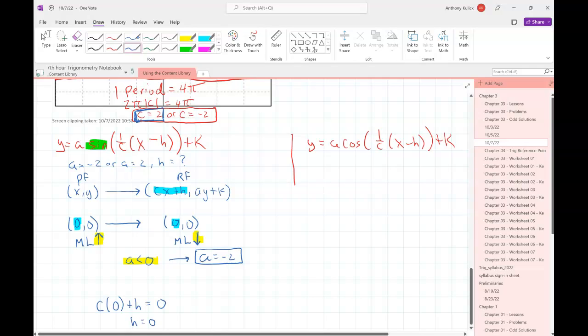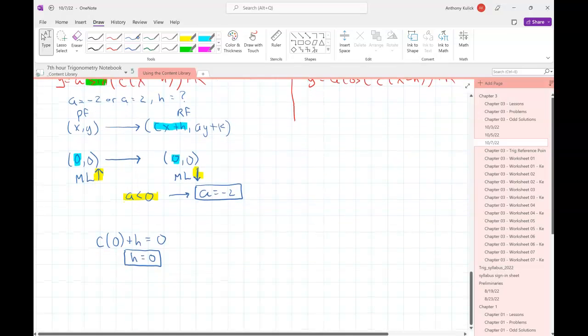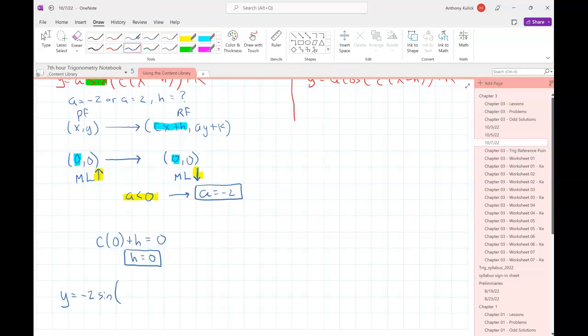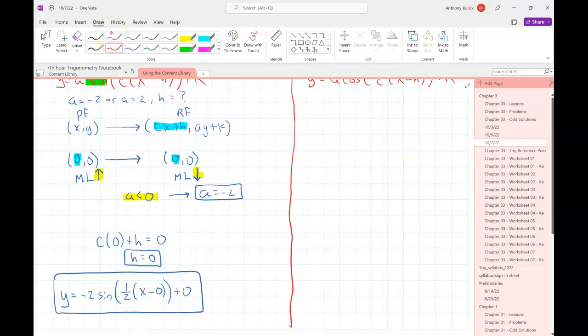So I'm left with just h is equal to 0. So one possible answer would be that. Is everybody okay with what I did there?